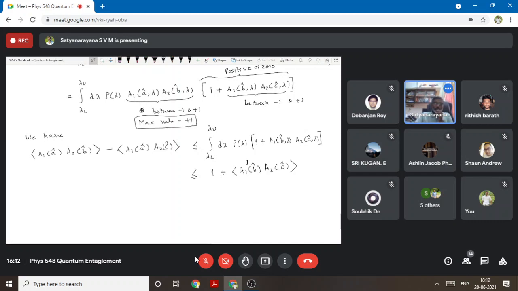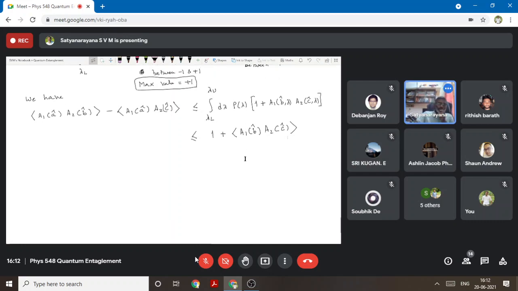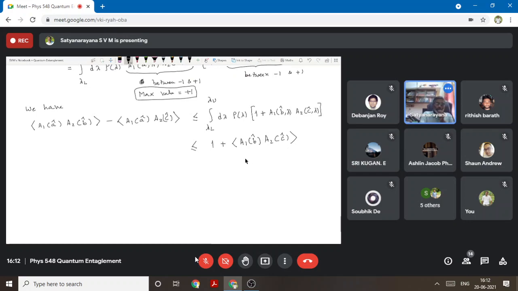If I take a modulus, the modulus of this is less than or equal to the modulus of this. Now this is what is called Bell's inequality.